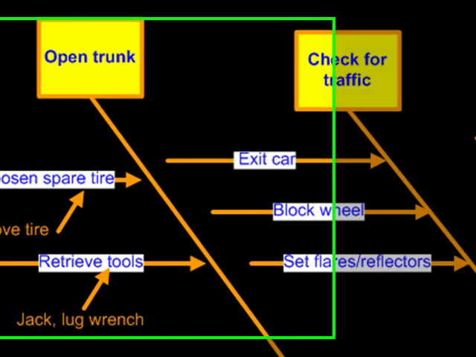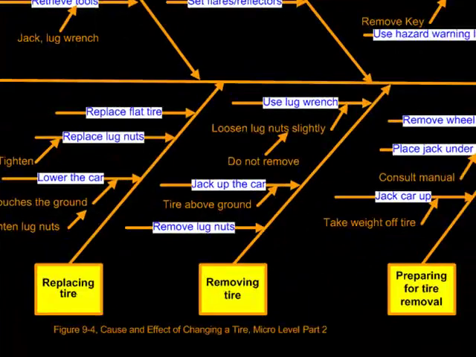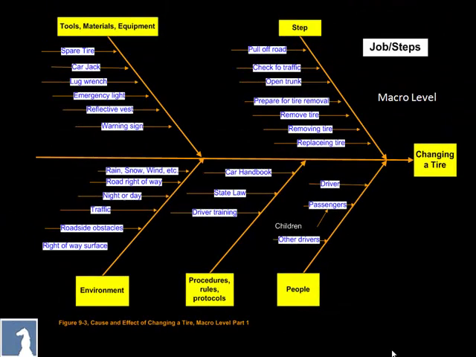How are we going to open the trunk and loosen the spare tire? Moving all the way around to the replacement of the tire and following all the procedures as outlined within the original policies and procedures and guidelines. In other words, we can look at the macro level and identify the relationships, and do the policies, procedures, rules, and protocols clearly determine what is needed at each step and subtask required?